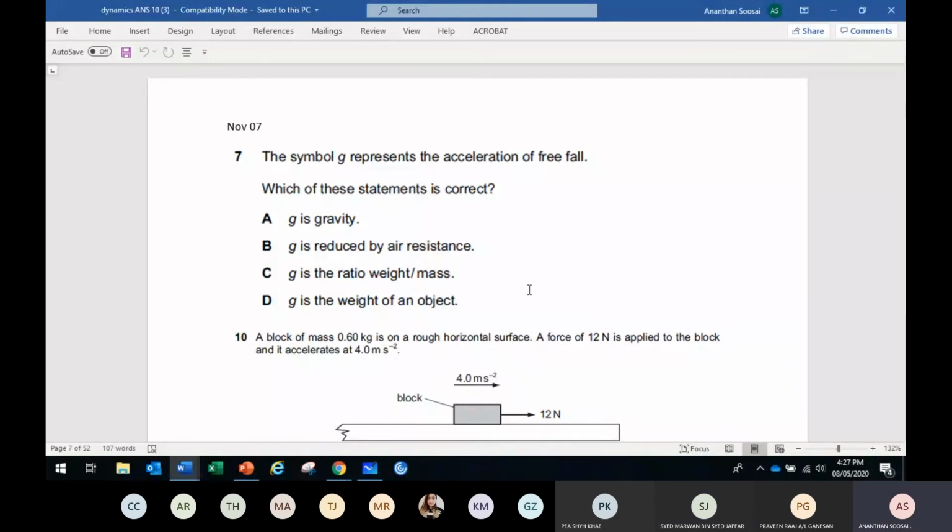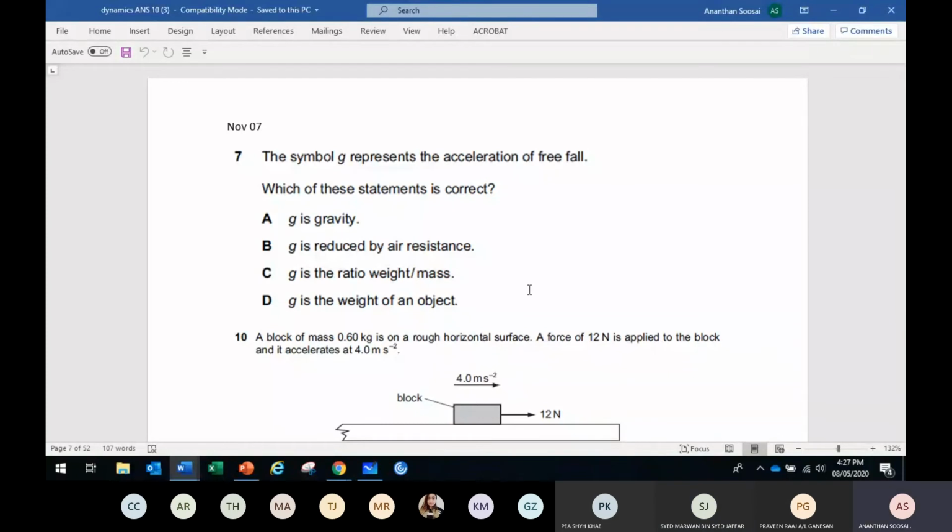The symbol g represents the acceleration of free fall. Which of these statements is correct? Anyone? This is the last question for today.